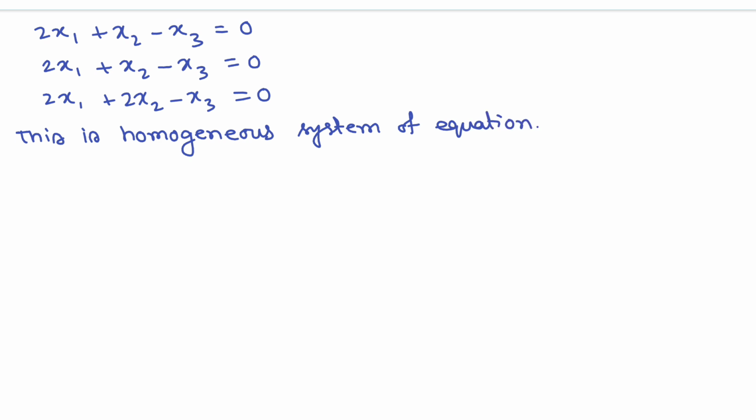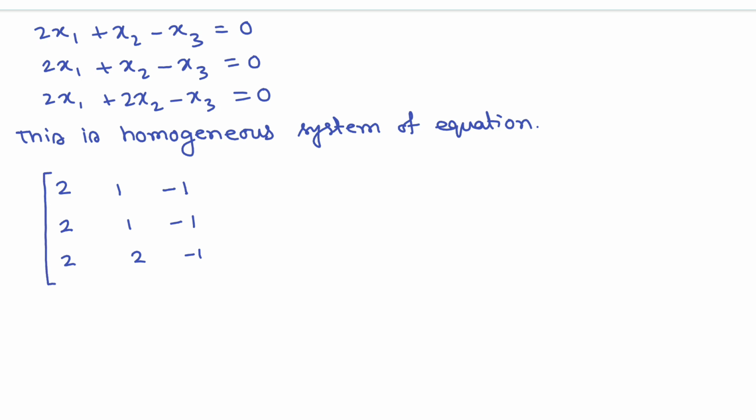And you have to find out the eigenvector. Obviously a solution exists, because I have told you for any homogeneous system of equations a solution always exists. So first find out the coefficient matrix: 2 1 minus 1, 2 1 minus 1, 2 2 minus 1.